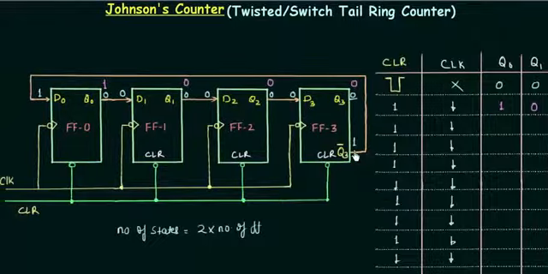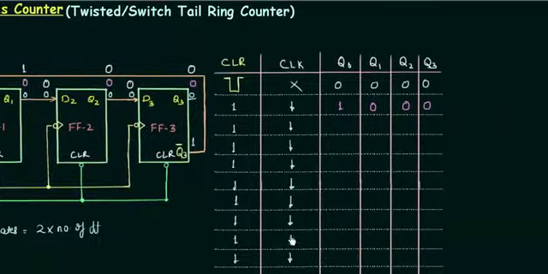Q3 is 0, so again Q3 complement is 1. So D0 is again 1. Q0 is 1, so D1 will now become 1. Q1 is 0, so D2 is 0. Q2 is 0, so D3 is 0, and in this way we have the 4 inputs 1 1 0 0. So the output is 1 1 0 0.